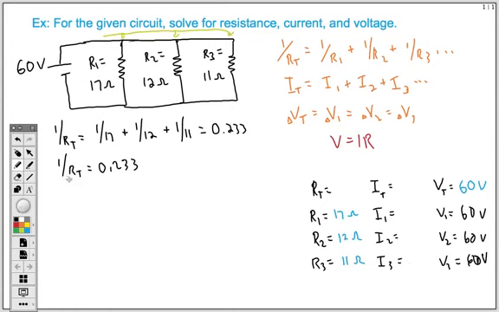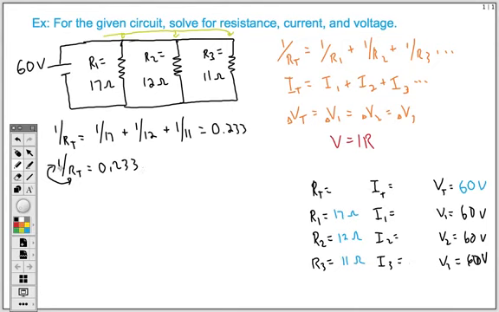As mentioned, the total resistance is inverse. So what we have to do is get this R value on our numerator. So we have to flip it, or reciprocate it. So we're going to flip this fraction so that my total resistance is now in the numerator.